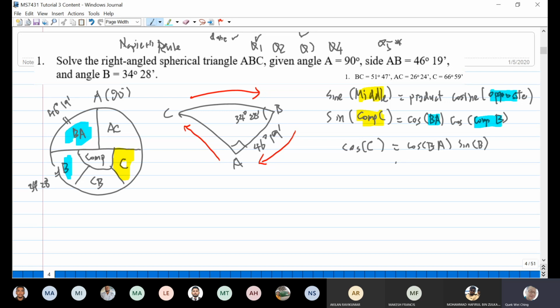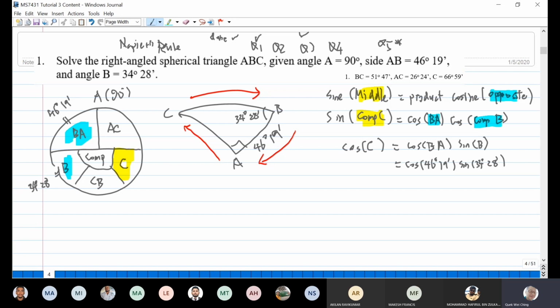So cosine of BA, you calculate, cosine BA is 46 degrees 19 minutes, and sine of B is sine of 34 degrees, 28 minutes. So let's calculate them.